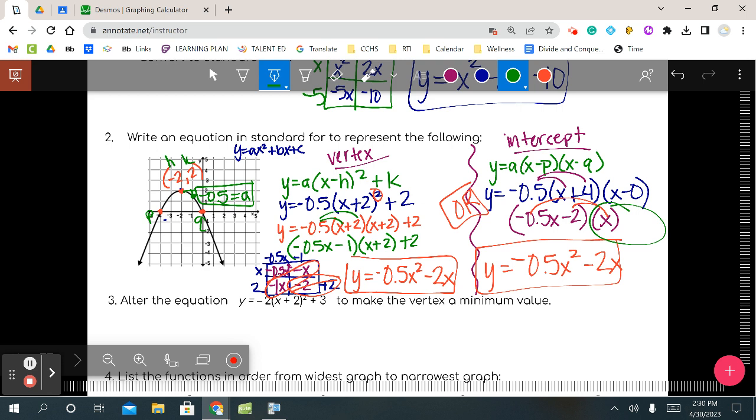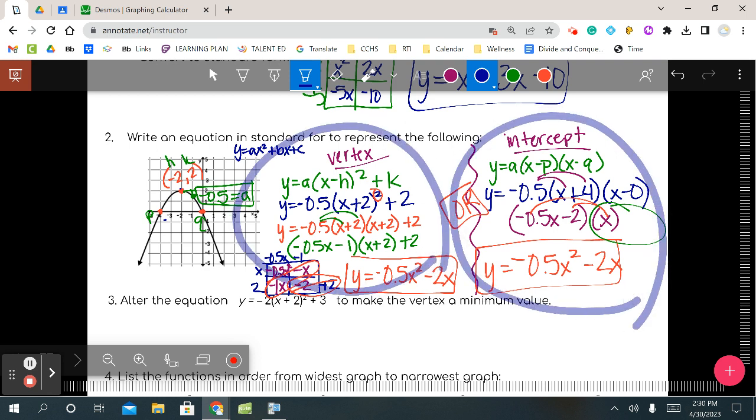Since there's only one term in that, you can just distribute it. So keep that in mind for that one. So this is how you would write the equation, this is vertex form, and this is intercept form. Again, this is a which method do you prefer, because if you have your vertex, you can do it in this form. The only thing is, if you do not have two x-intercepts, you cannot do intercept form. You'd have to do vertex form, so keep that in mind.